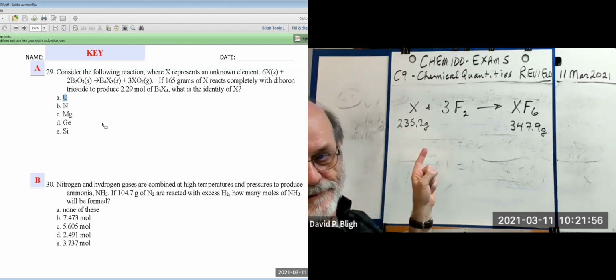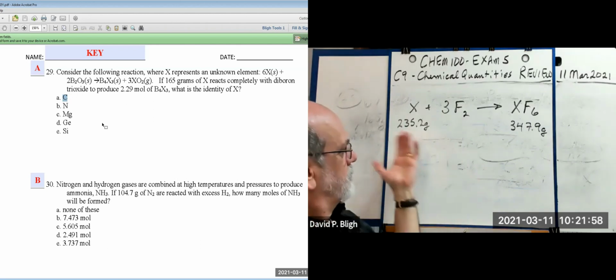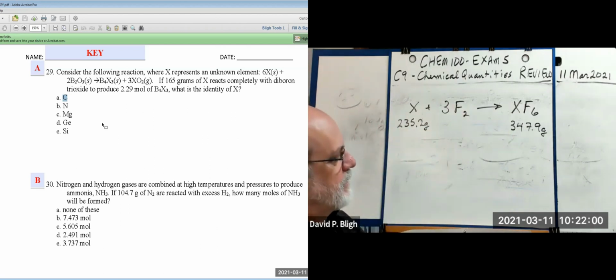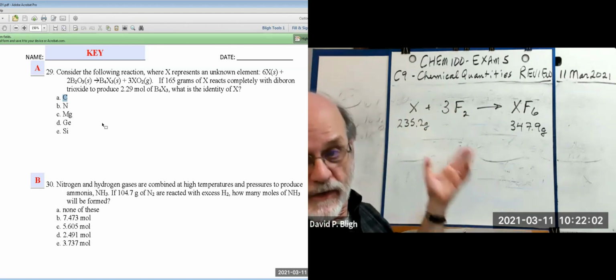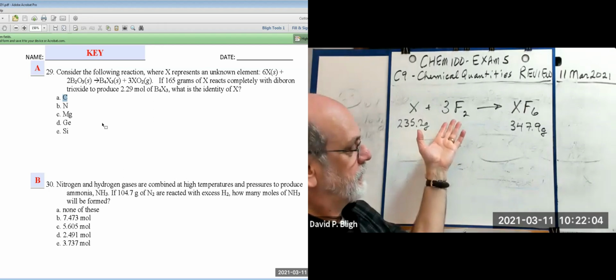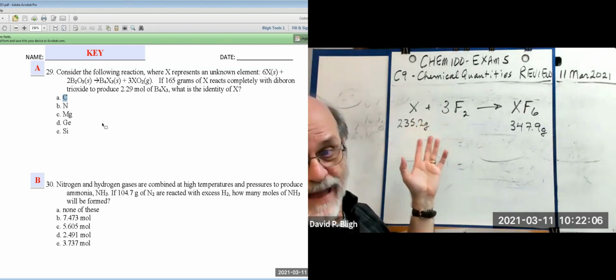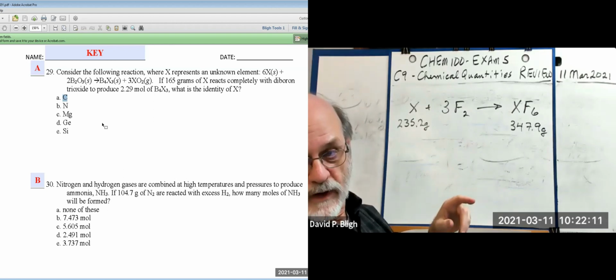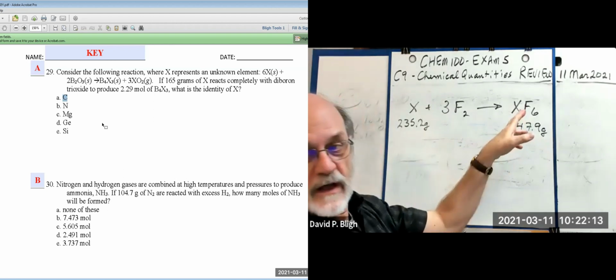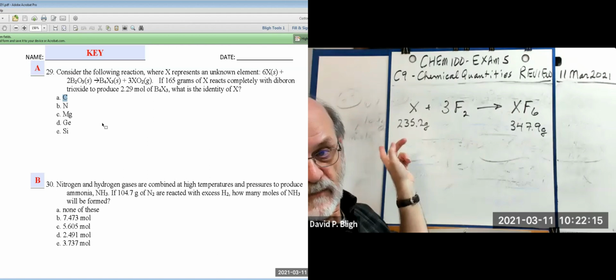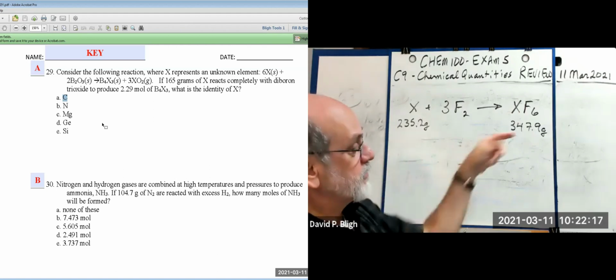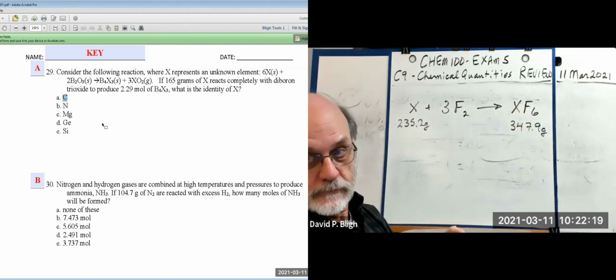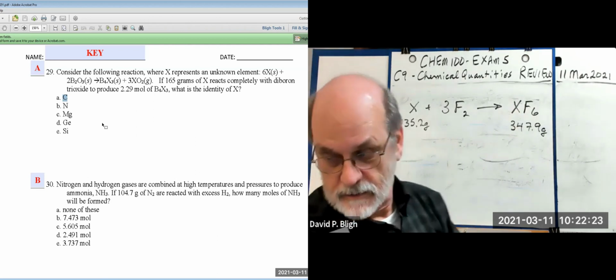So how can we get moles out of this? The only molar mass that we know in this reaction is fluorine. So if we could find out what the mass of fluorine is, we could determine the moles of fluorine. And then once we know the moles of fluorine, we can relate it back to moles of X, because we know the ratio here. So how many grams of fluorine are there?